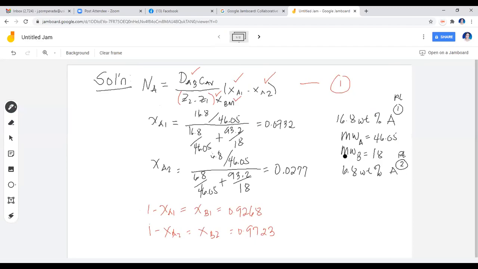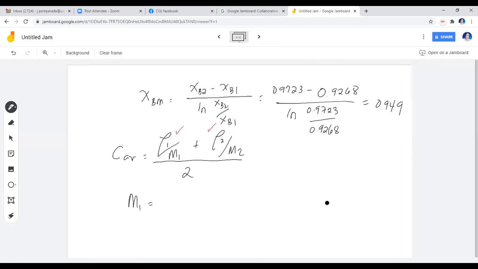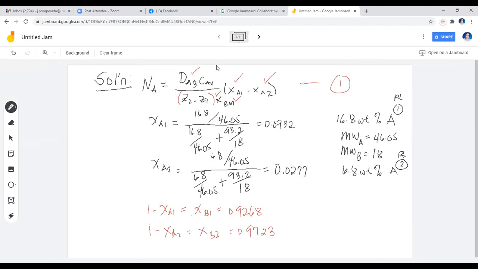So we have assumed that we have 100-gram mass of solutions of A and B. So for M1, I will have a 100-gram mass at point 1. So this is mass, so I need the moles. For me to know the moles at point 1, I'll go back to what I have here, the moles of A and the moles of B at point 1.